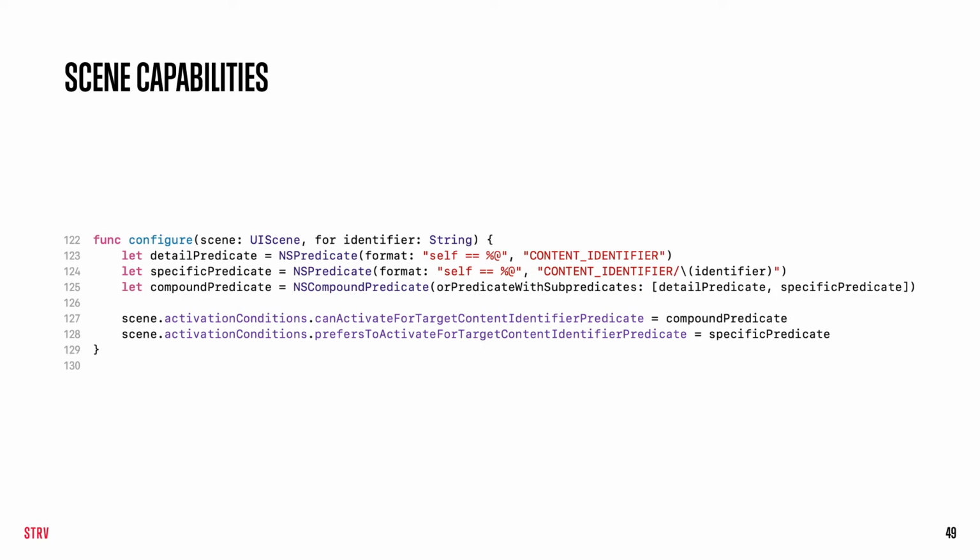So the first one, canActivateForTargetContentIdentifier, means that this scene can handle the notification, let's talk about notifications. This scene can handle the notification, which doesn't necessarily mean that it wants to handle the notification. So there is the second one, prefersToActivateForTargetContentIdentifier.